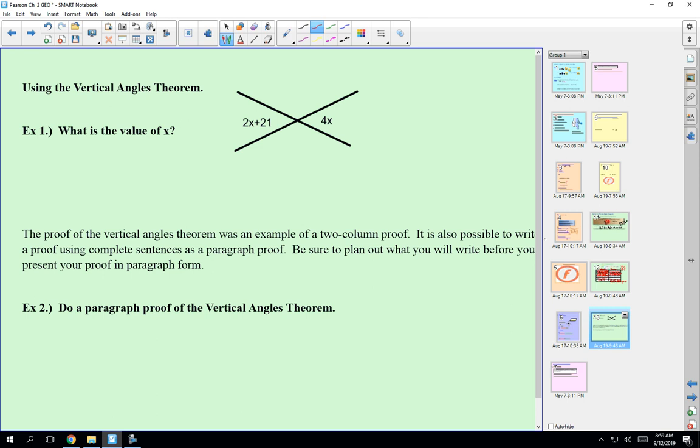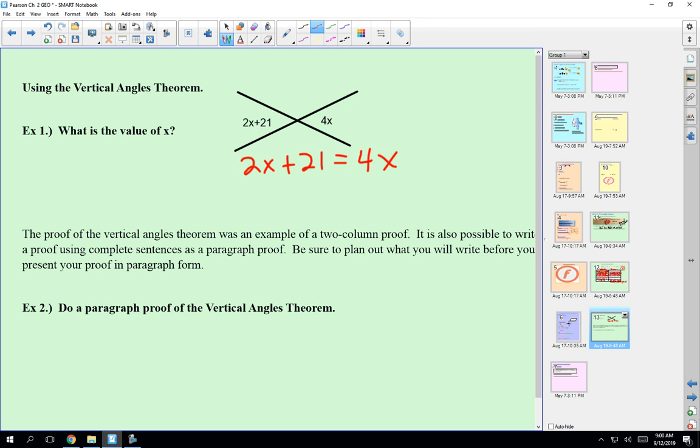Using the vertical angles theorem here, can we set up an equation and solve? What do you think? What do we know about these two angles? They're in the same position as the ones you just proved, congruent, right? So we'd set it up as 2x plus 21 equals 4x.